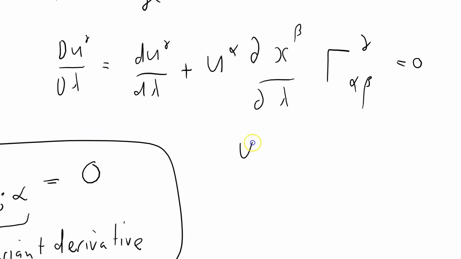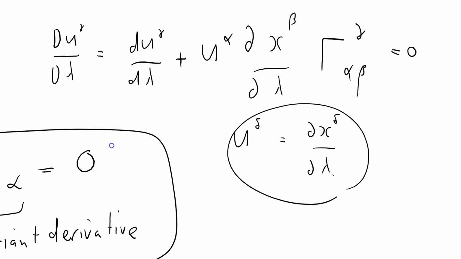So now I'll make the observation, or remind myself, that u with any index, call it delta, is just dx delta by d lambda. And so I'm just going to use that in here.